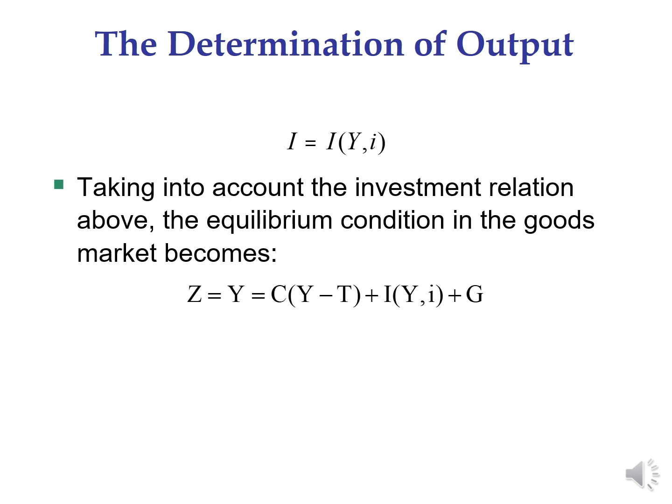So taking into account the investment relation above, the equilibrium condition in the goods market becomes: Z is the goods market demand, Y is the income, so these are all equal.